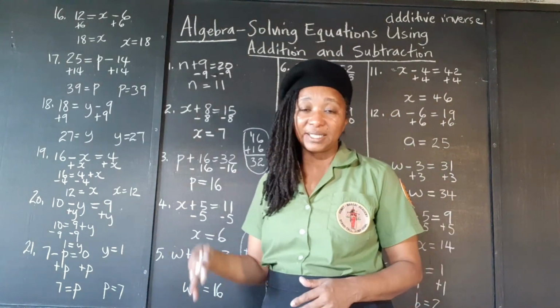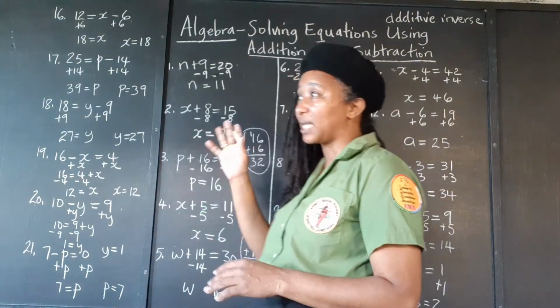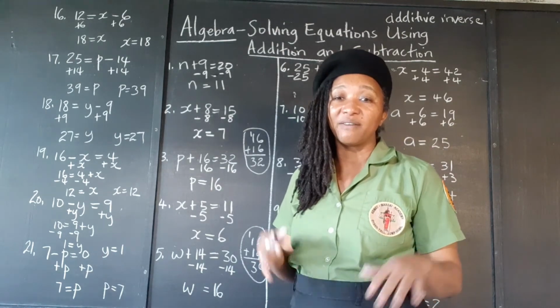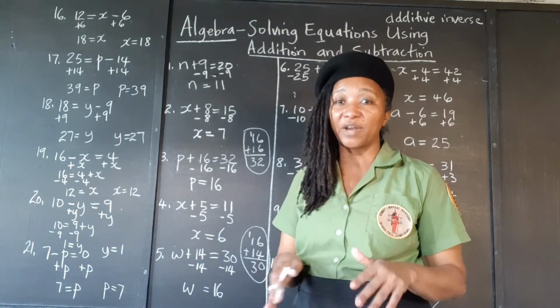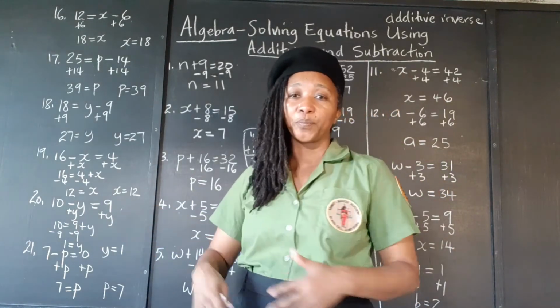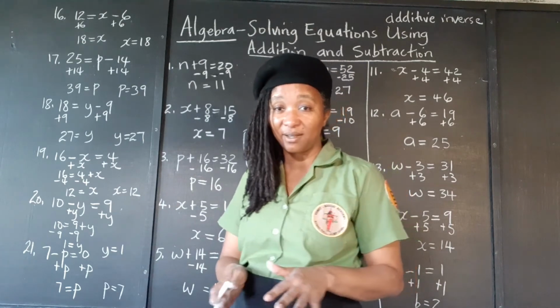Negative number, add the same number to itself, you get 0. And we do that in order to cancel it out from the left or the right, so you're left with only the variable, because we just want the variable on one side. We want x equal whatever, or p equal whatever, just the letter.